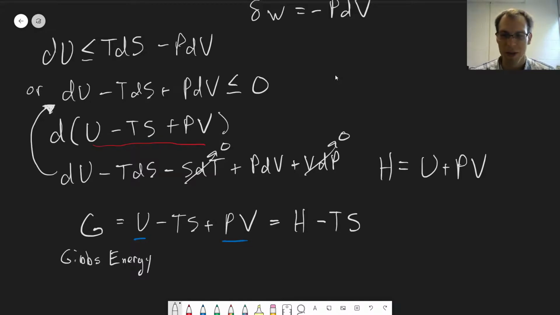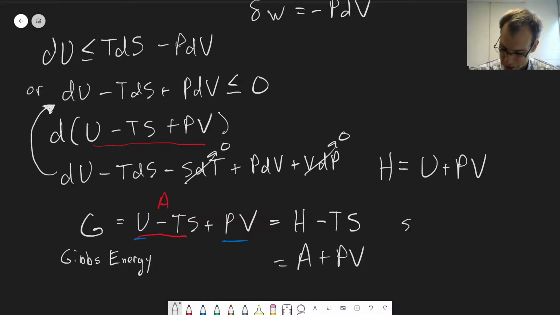The other thing we can do is use the definition of the Helmholtz energy that we just looked at and say, oh, well, U minus TS is equal to A. So we can also write this as A plus PV. So there are multiple ways of writing out the Gibbs energy, but ultimately it's this combination of state functions.